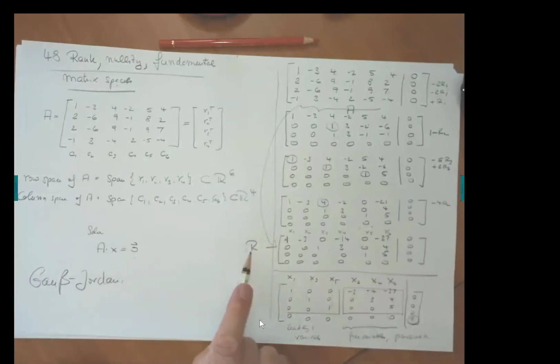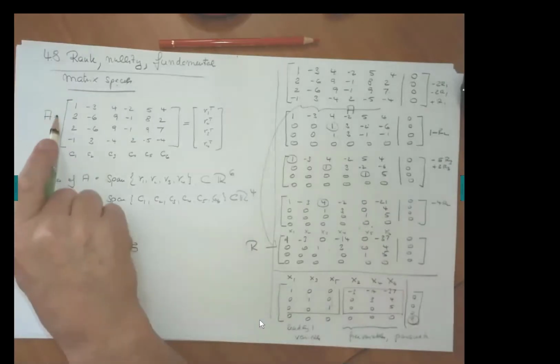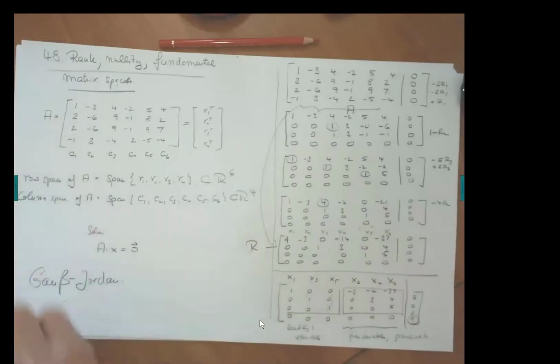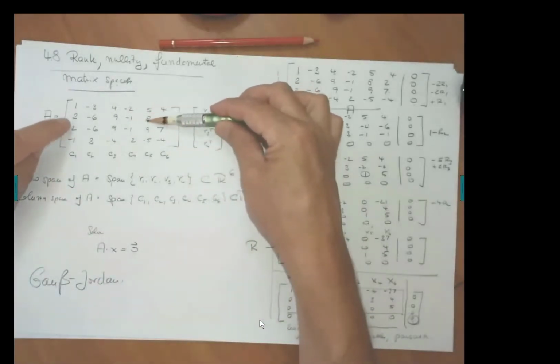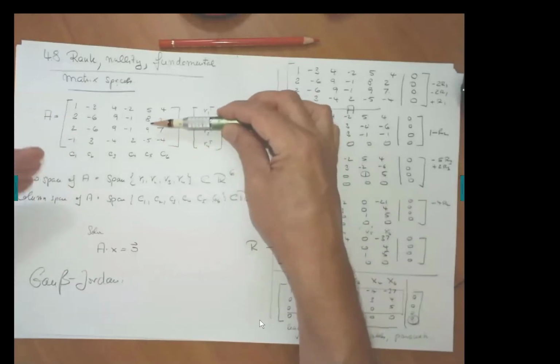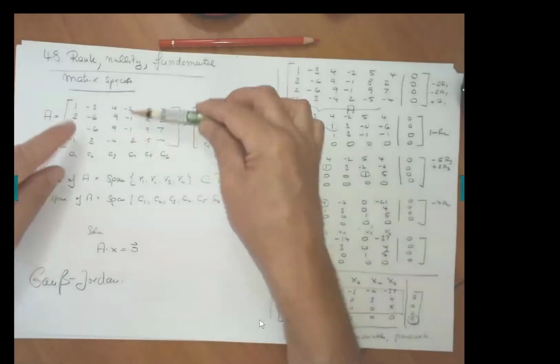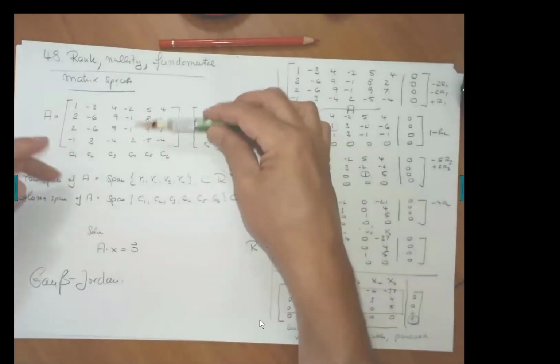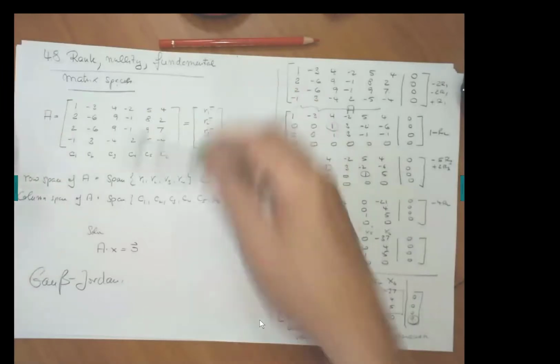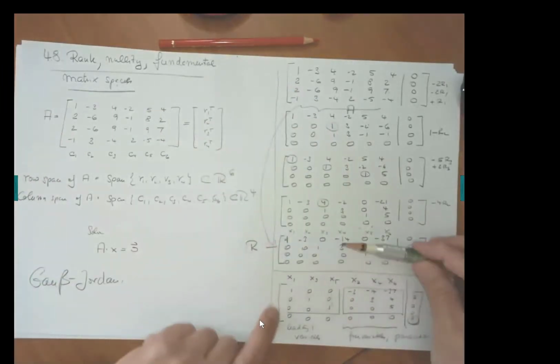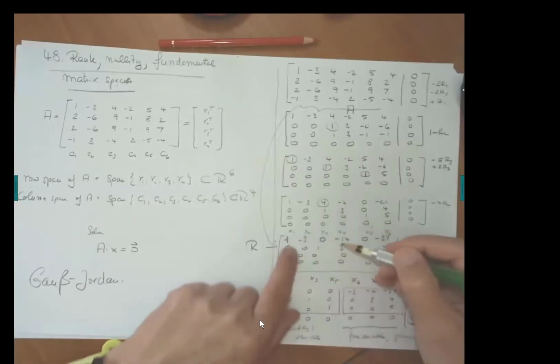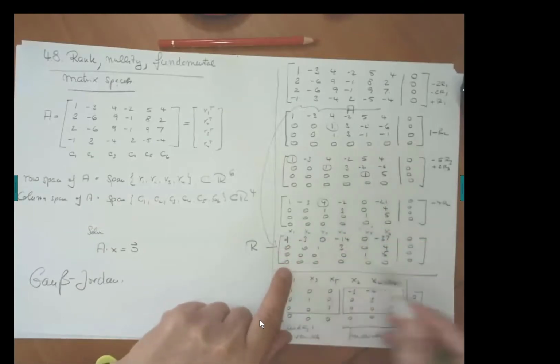So the row space of R is equal to the row space of A. Where here we had these four weird vectors where we have no clue. For example, are they linearly independent? Here it's very easy to see. It's an identity matrix. So these three vectors are linearly independent, and the fourth vector you can forget because it's a zero vector.